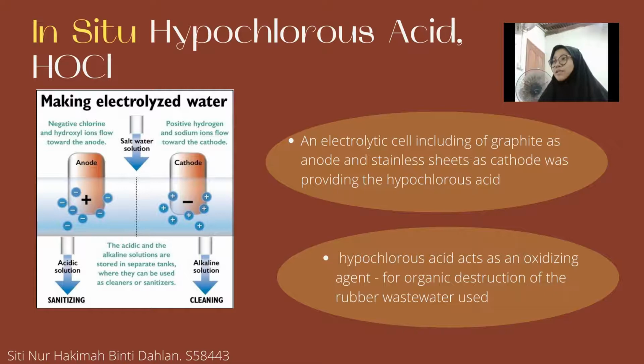So, the best alternative method is to generate hypochlorous acid through an electrolytic process. This electrolytic cell includes graphite as the anode and stainless steel sheets as the cathode. The reaction between the anode and cathode will provide the hypochlorous acid. The hypochlorous acid will act as an oxidizing agent to dispose of the organic material in the rubber wastewater.